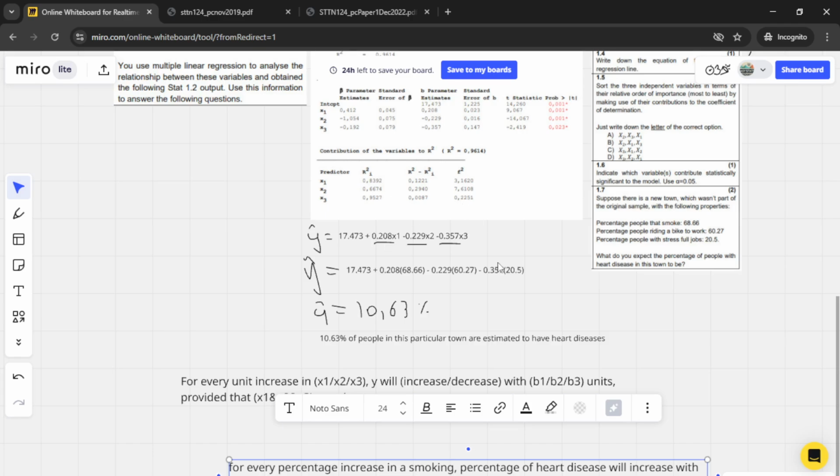The reason I'm saying this is, I said units, so the measuring units that we're using here, it's percentage. So this is just a standard answer for you to get to the actual answer.